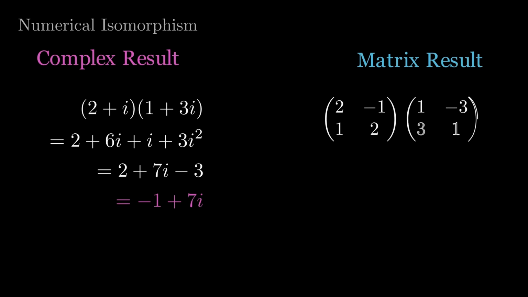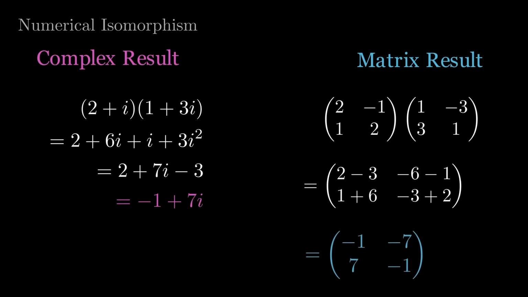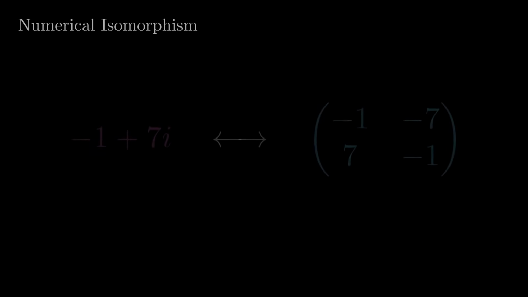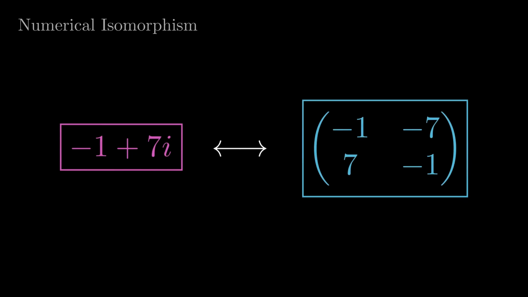On the right, we convert each complex number into its matrix form, then multiply the two matrices. After the matrix multiplication, we get a new matrix, [[-1, -7], [7, -1]], and that matrix matches the same complex number, minus 1 plus 7i, so both paths agree.